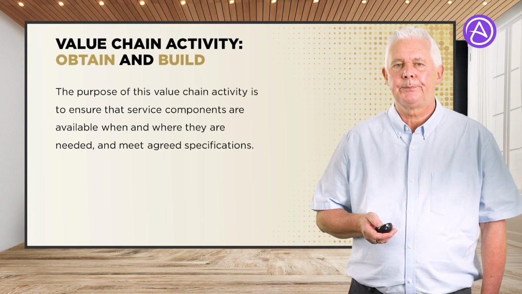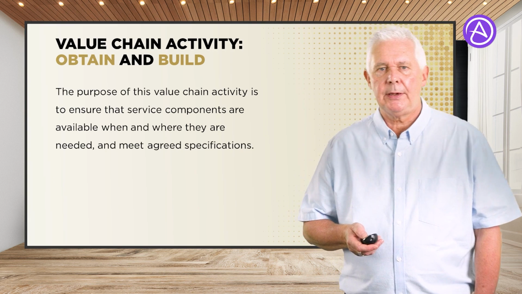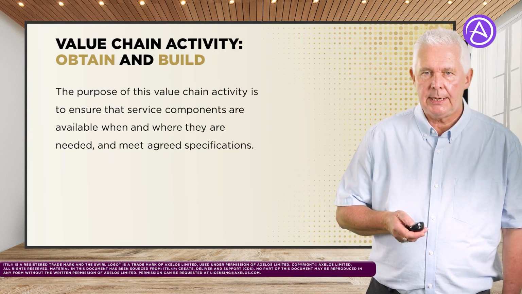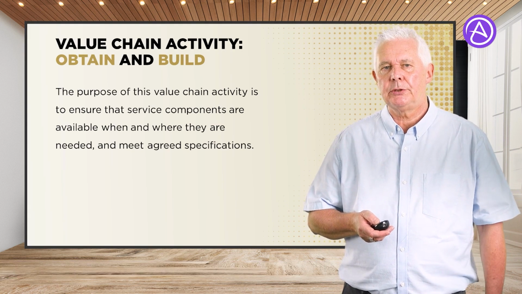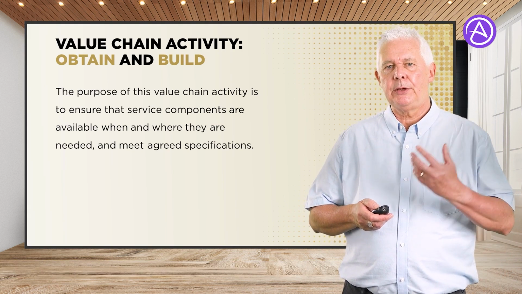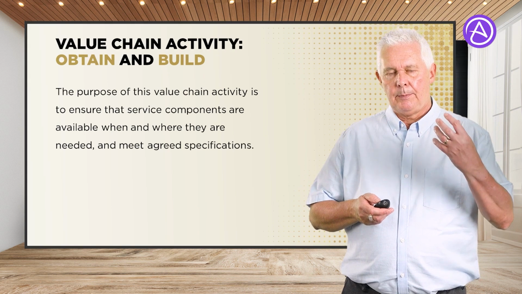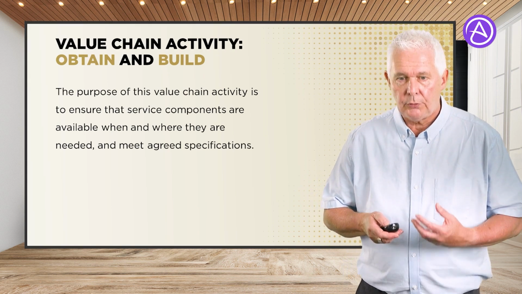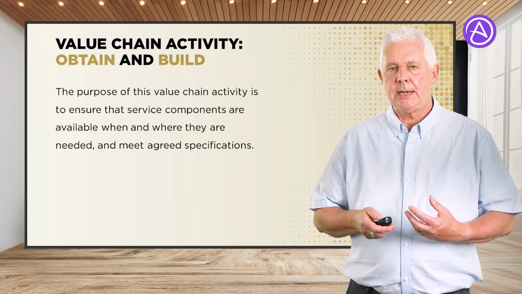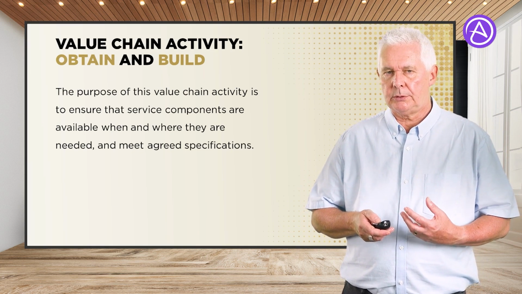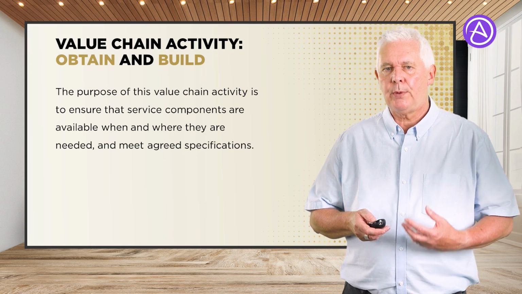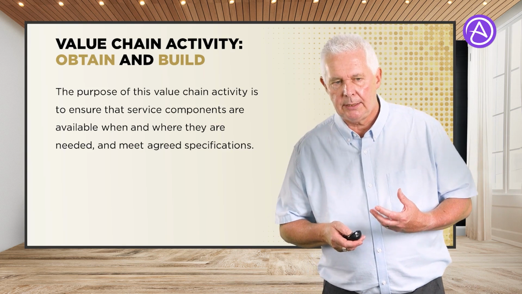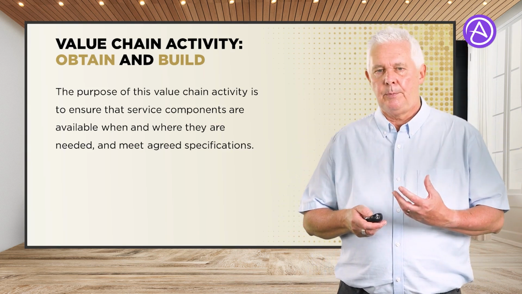Obtain and build. So the purpose of this value chain activity is to ensure that service components are available when and where they are needed and meet agreed specifications. Okay, so in terms of a value stream, which we'll see in a later section, part of the design activity will be to create, say, the specifications for the technologies that we need to actually deliver this new product or service. So where do we get that technology from? In terms of addressing those specifications, is this something we're going to build ourselves?